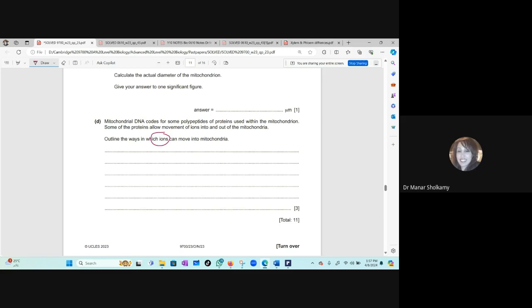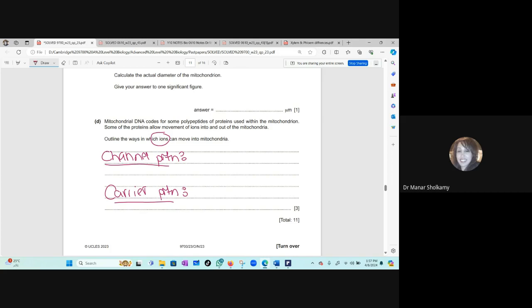Again, what is the structure that will help it move across the cell membrane? Carrier proteins and channel proteins. We have 2 types of proteins in the cell membrane, channel proteins and carrier proteins. And what's the difference between them? The channel protein will do active transport or facilitated diffusion. Facilitated diffusion. Yes. So please just organize your answer.